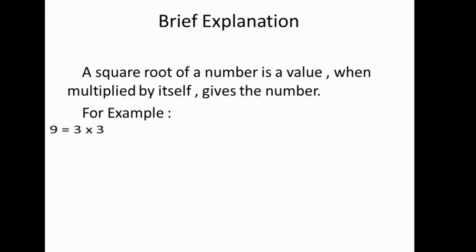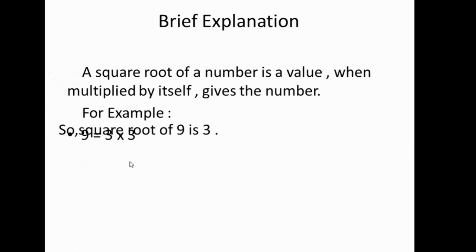Suppose I need to know a square root for 9. I will recall by which two similar numbers I can get this number 9. I will check and come to it that 3 multiplied by 3 stands for 9.